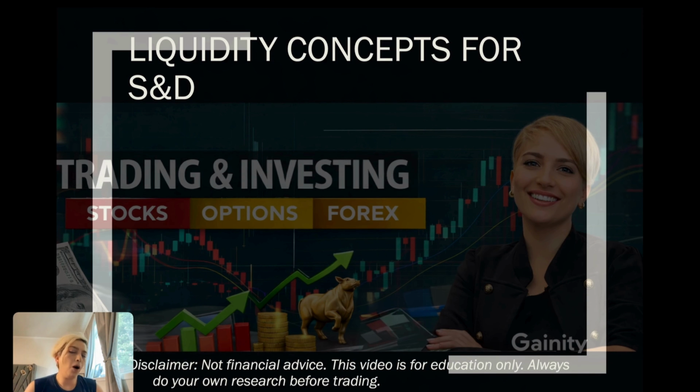When we combine liquidity concepts with critical levels like supply and demand zones, and we pay attention to where liquidity is sitting around our critical zones or levels, we can significantly improve our winning rate and find better risk to reward opportunities.